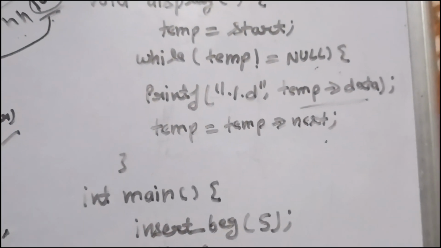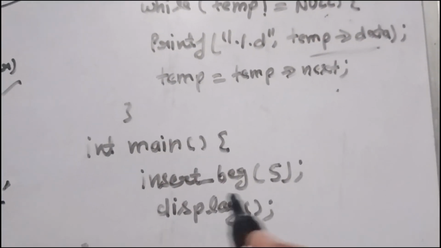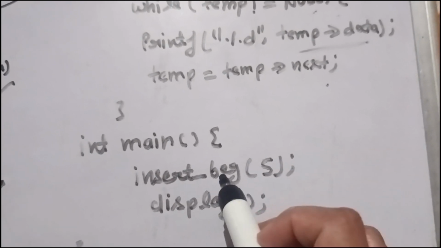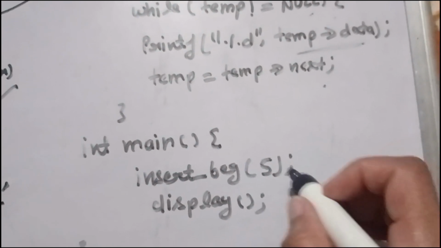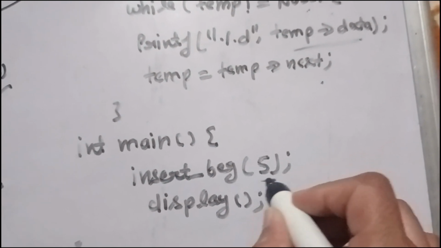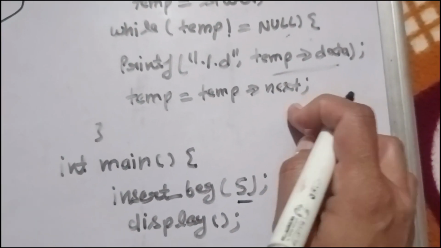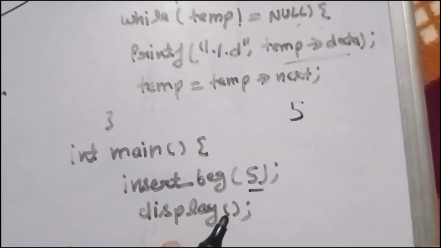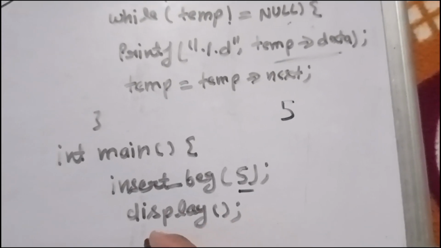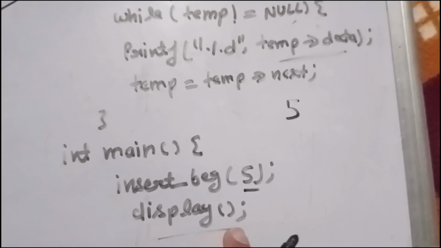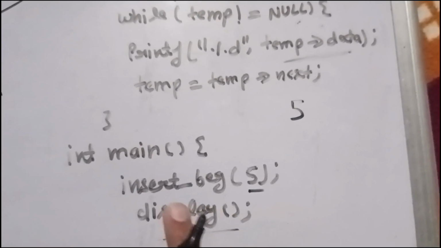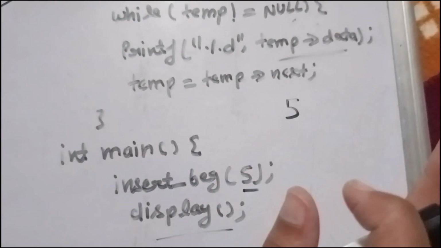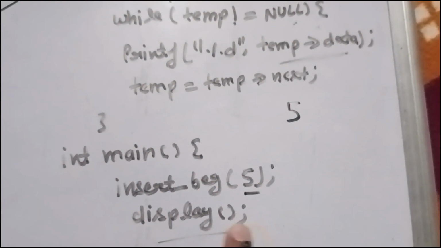Okay, so after this, inside our main, we are going to call the insert_beg function. In insert_beg we are giving 5. So 5 will be our first node value. Then display, to display the value. If you do not write display, it will not display the value. Okay, so when we write insert_beg 5, 5 is going to be our first value.